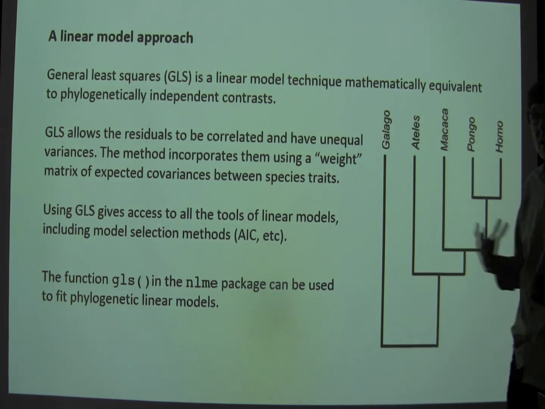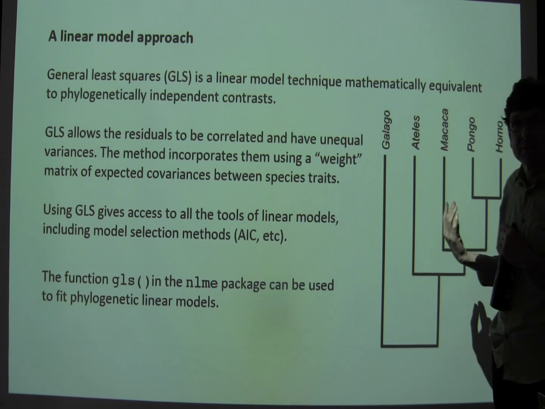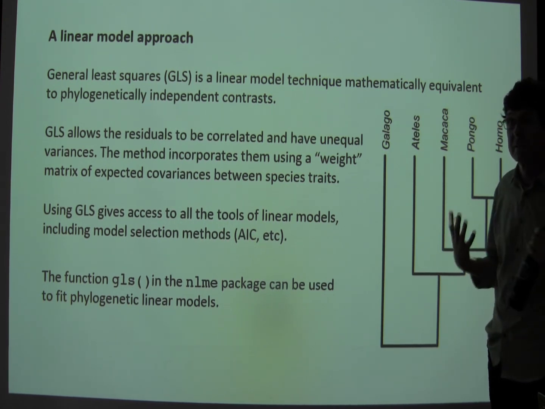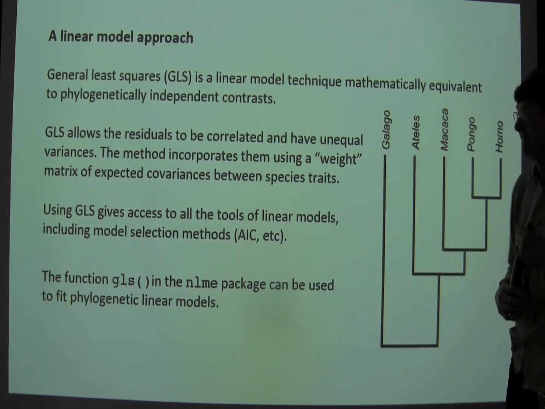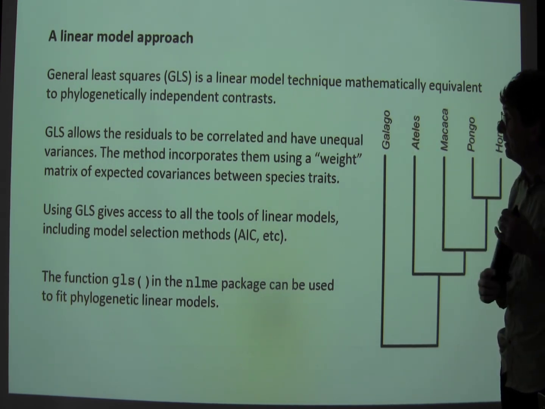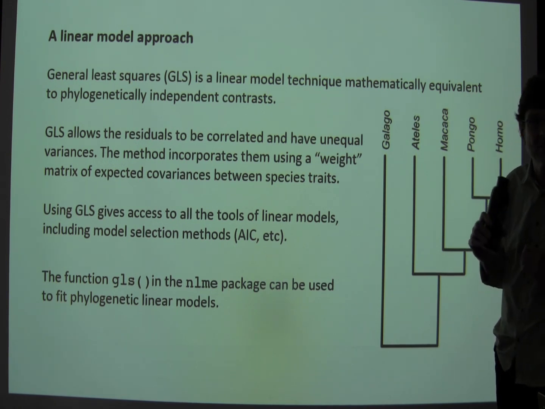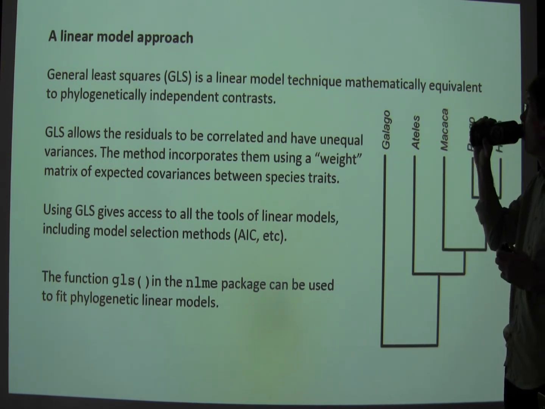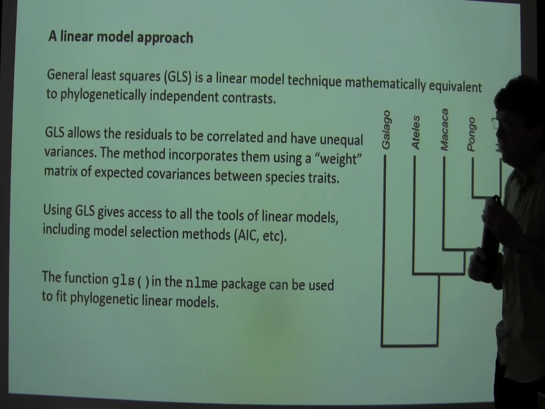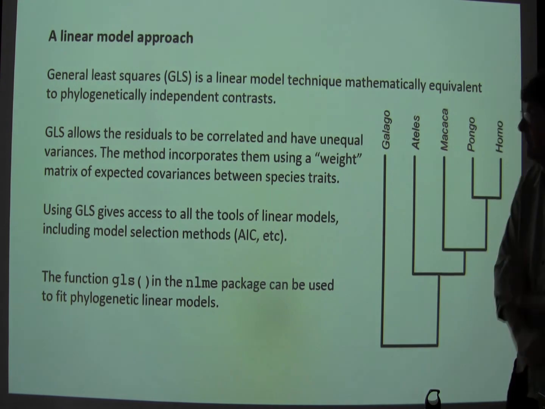One of the reasons why I start this course with linear models is that so many of the other methods besides linear models are so much like linear models, like generalized linear models. And here I'm going to introduce a linear model method called generalized least squares. And it turns out to be mathematically equivalent to phylogenetically independent contrasts.